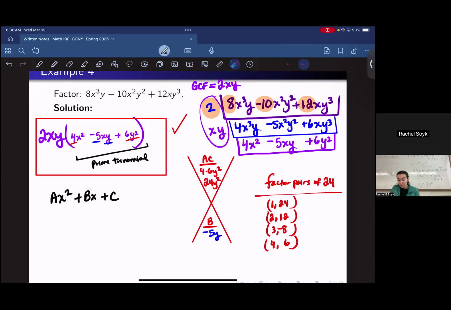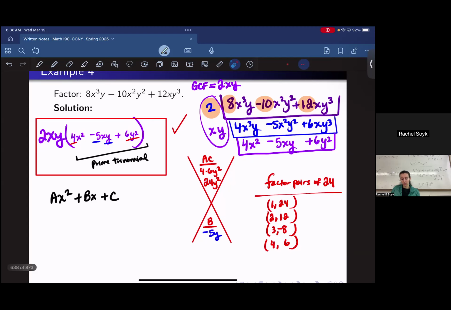And in this case, we have our ax squared here, and then our bx. If we take out the x, then our b is our negative 5y. Does that make sense? The variable that we're utilizing as our general equation is our x. And then our constant includes that variable, 6y squared.